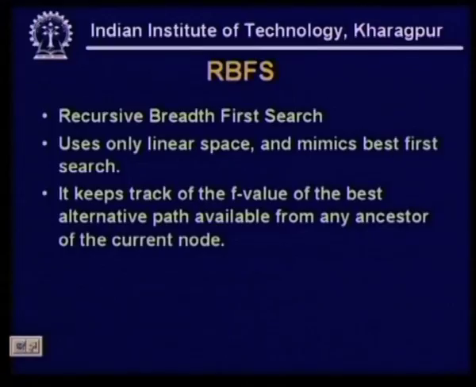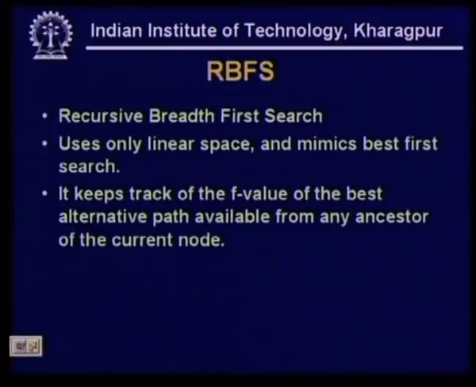Recursive best first search or RBFS is an algorithm which actually uses only linear space, but it is often better than IDA star because it mimics best first search. RBFS keeps track of the F value of the best alternative path available from any ancestor of the current node.